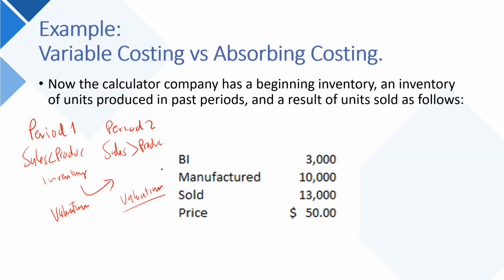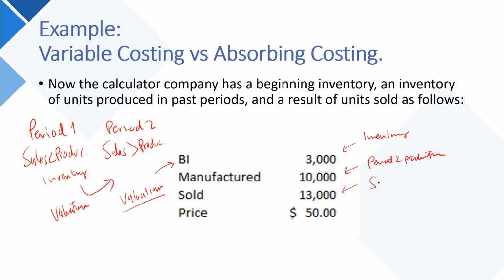So let's do an example. We have a beginning inventory of 3,000. That is the leftover production we had from the previous period. Because we have that leftover inventory, in this period we're only going to produce 10,000. So this is period 2 production. And because this is a business and we don't really know what's happening, we managed to sell 13,000.